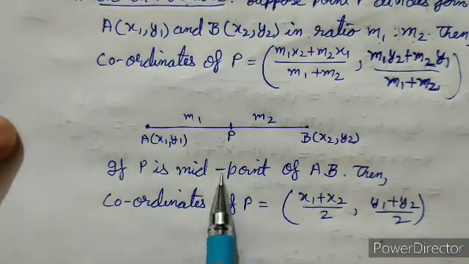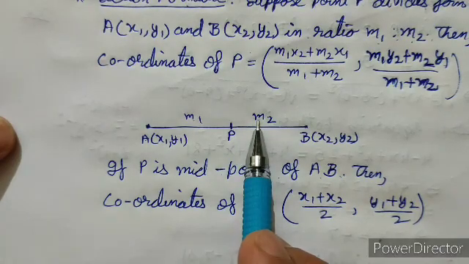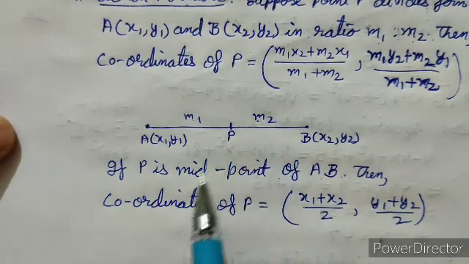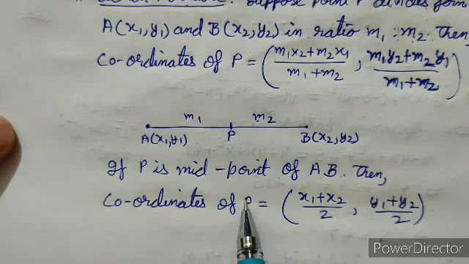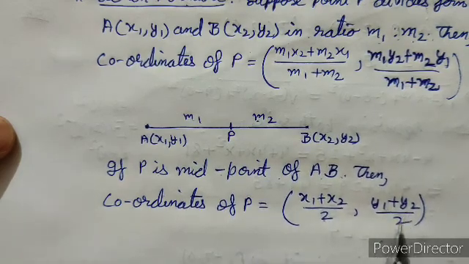Now if P is the midpoint of AB, that means m1 is equal to m2, that equals 1. Then coordinates of P will be equal to (x1 + x2) upon 2 and (y1 + y2) upon 2.